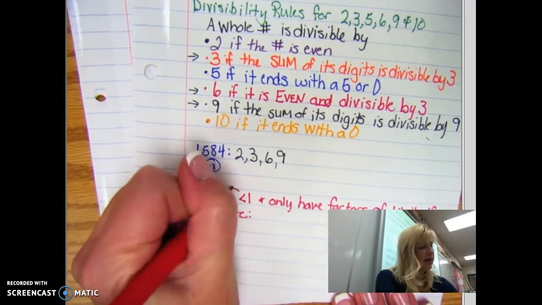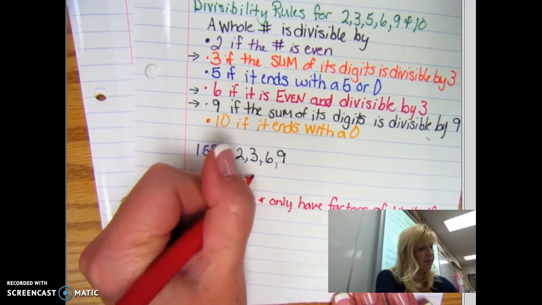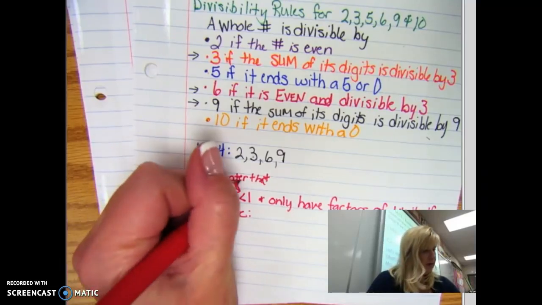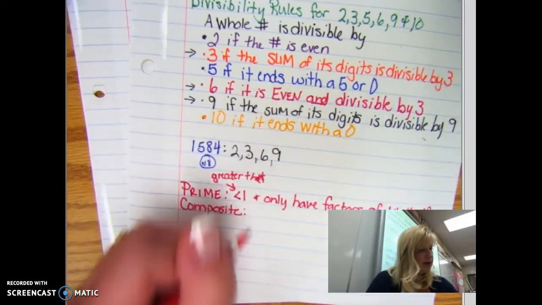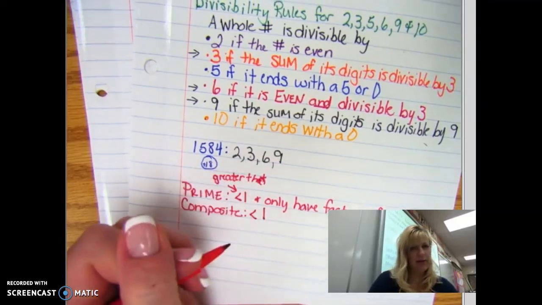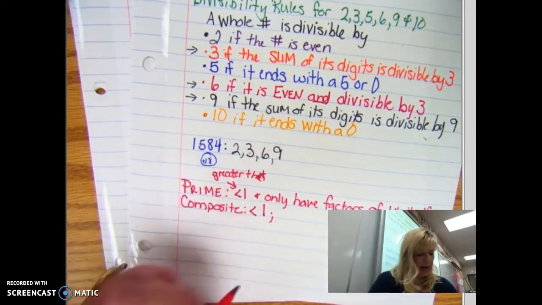Okay, it has to be, and I'm going to make sure you remember that, greater than 1. So a composite number is also greater than 1. That's a specification. We'll talk about that in just a moment.